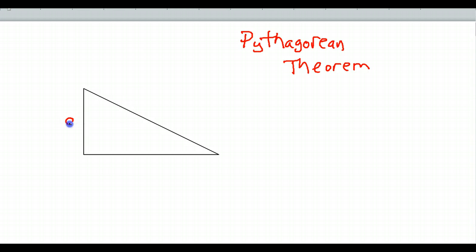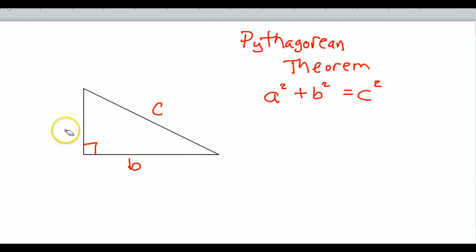And they're thinking of A and B and C. And they will say something like A squared plus B squared equals C squared. And that's true. If you have a right triangle, the Pythagorean theorem says leg squared plus leg squared will equal the hypotenuse squared.